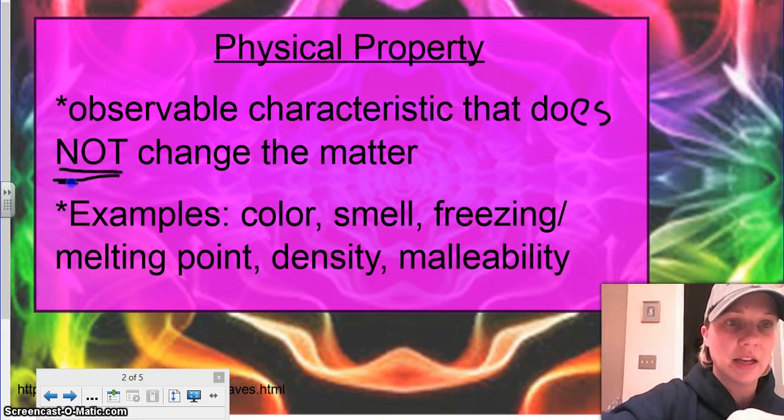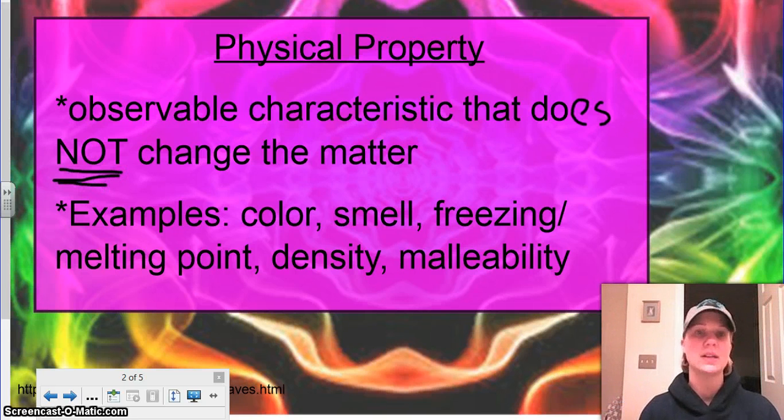But this is the key thing: it doesn't change the matter. An example of a physical property is something's color, its smell, its freezing or melting point, how dense it is, how malleable it is, how I'm able to bend it. That's physical. So you want to think of physical as not something that's permanently changed.